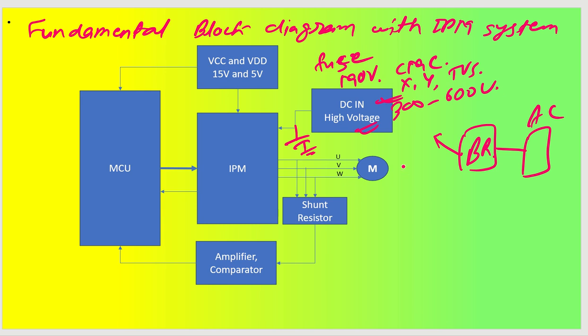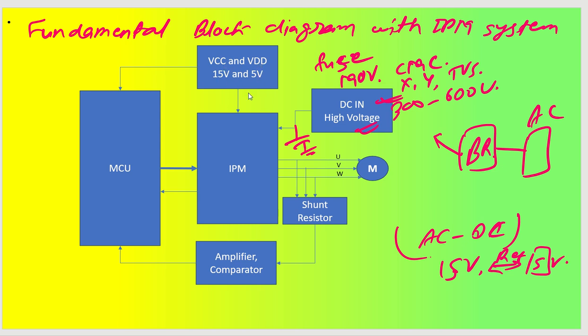Then we can have one AC to DC converter as well, which can give me a 15 volt output, and from here I can generate a 5 volt output with a regulator. So this VCC and VDD, 15 volt and 5 volt, can be utilized.